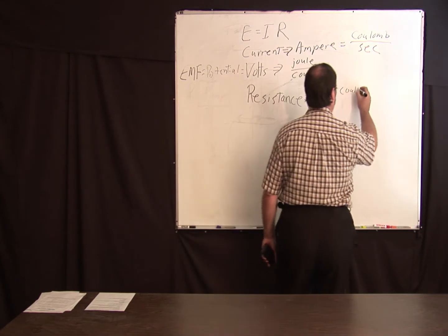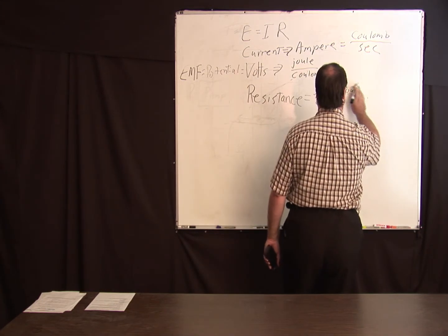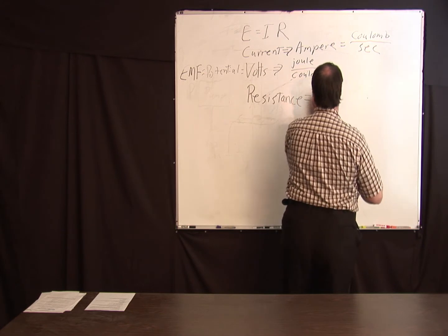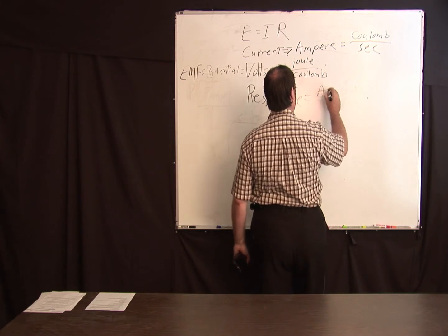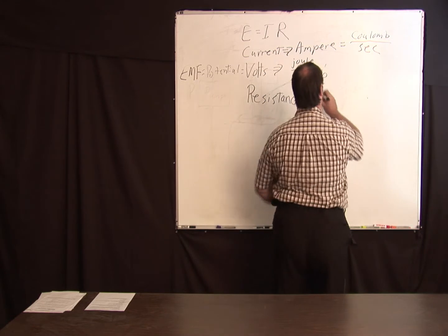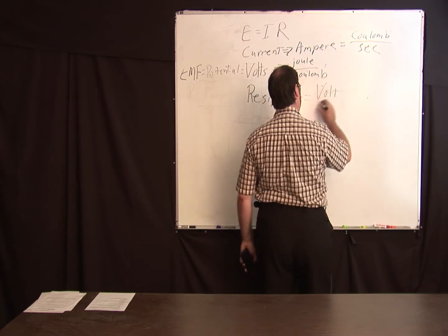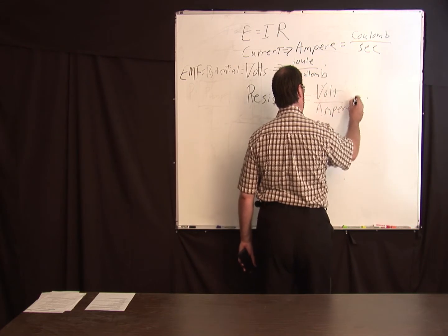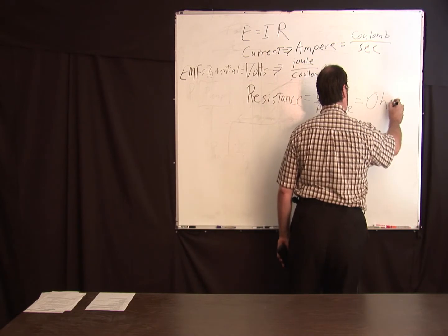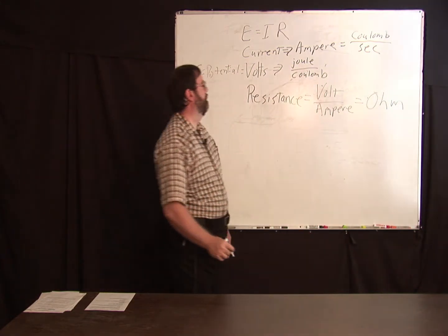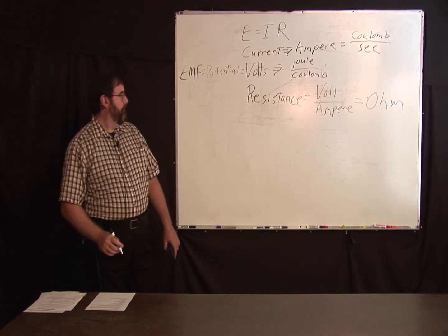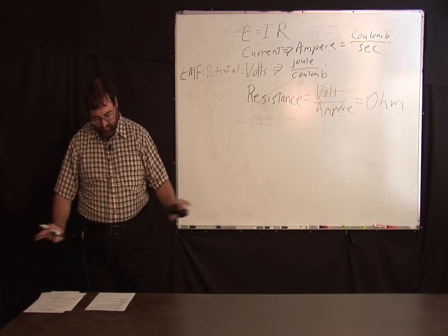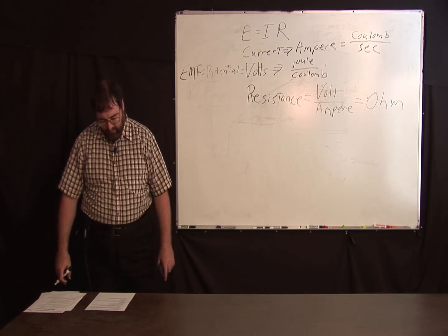Oh, well, no. Okay. Sorry, it's a volt per ampere, which is given the name ohm. We've already said that. Okay. So, also volts can be determined by something called the Josephson effect. We won't talk about that now.